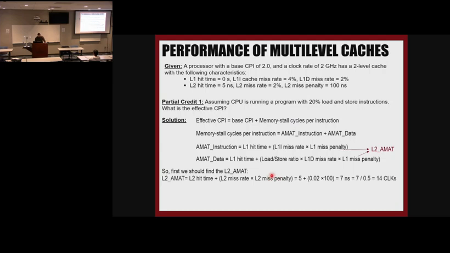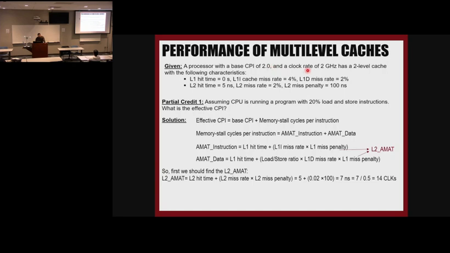Okay, now L2 hit time is 5 nanoseconds, and we have L2 miss rate of 2%, which is 0.02, multiplied by the L2 miss penalty, which is equal to the main memory access time of 100 nanoseconds. If you do the math, you get 7 nanoseconds.